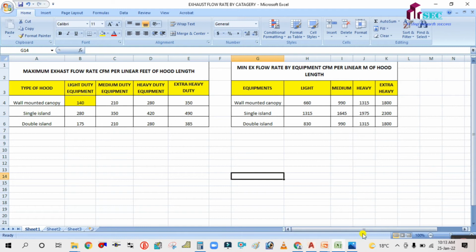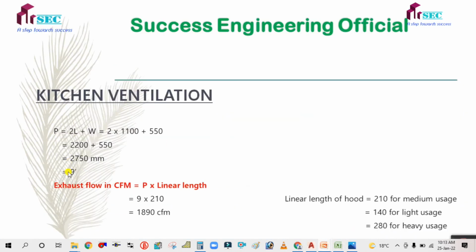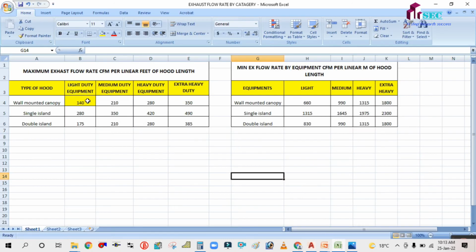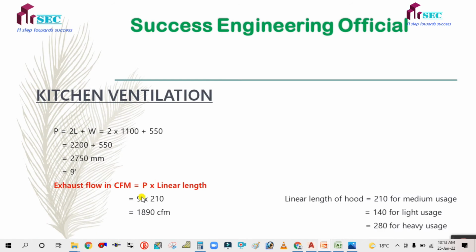That's why I am converting the perimeter P into feet, because this value is given here in feet. So P is nothing but 9 into 210. So you are getting 1890 cfm. Okay, and linear length of the hood is 210 for the medium usage, as you can see here, and 140 for the light usage and 280 for heavy usage.